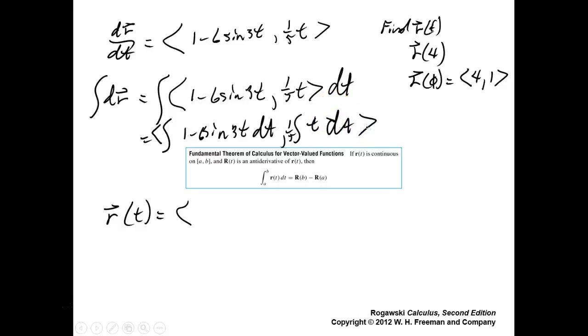Is that better? Yeah, a little bit. Ugly writing, but okay. The antiderivative of 1 is t, minus, well, 18. Okay. You're doing an antiderivative here, right?